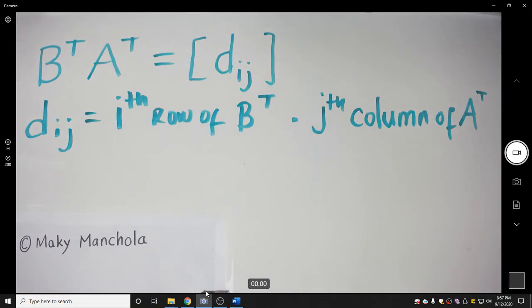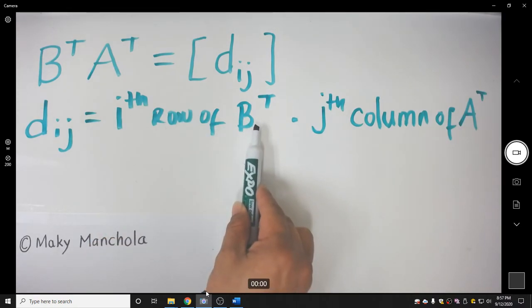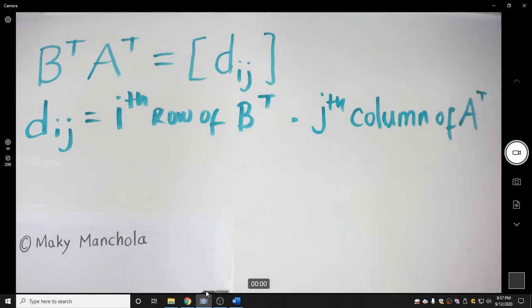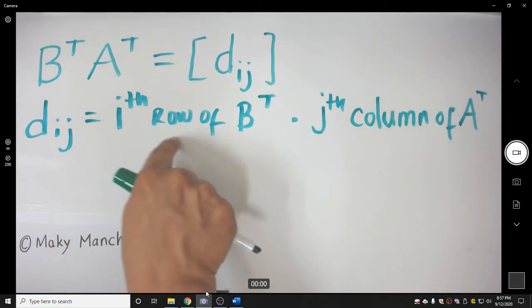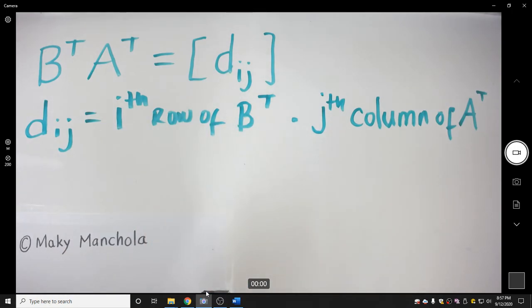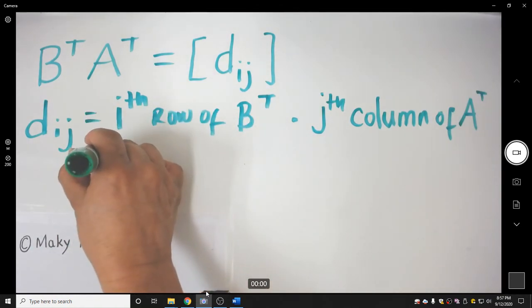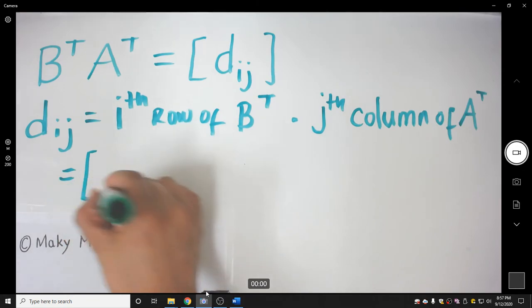But the ith row of B transpose is the same as the ith column of B. So it's going to be a row matrix.